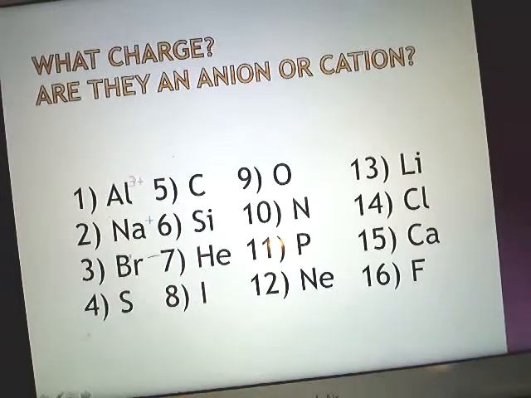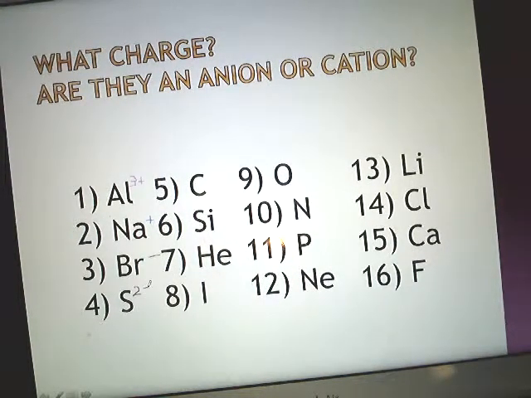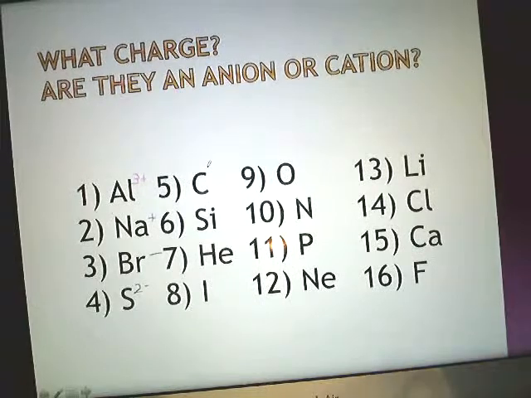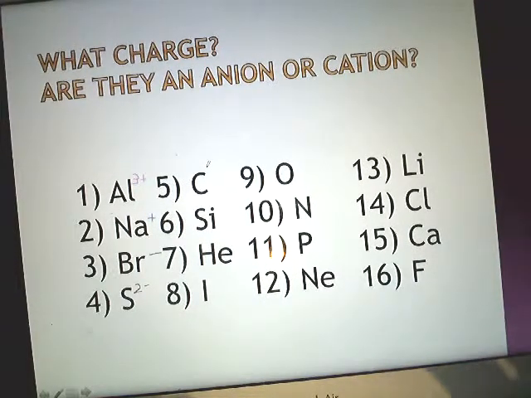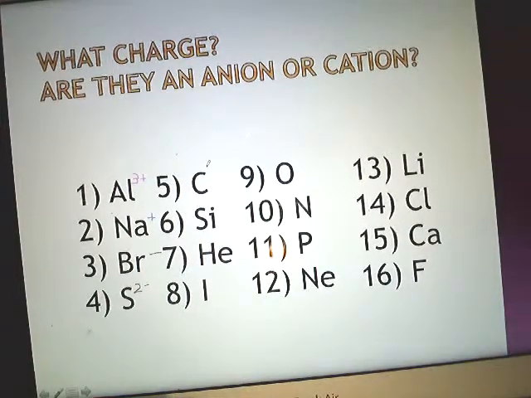Sulfur has 6 electrons in its outer shell. It will gain 2 electrons to make 8 and become S2 negative. Carbon, 4 electrons in its outer shell. Quite strange. Because it's got 4 electrons, it can actually go either way.